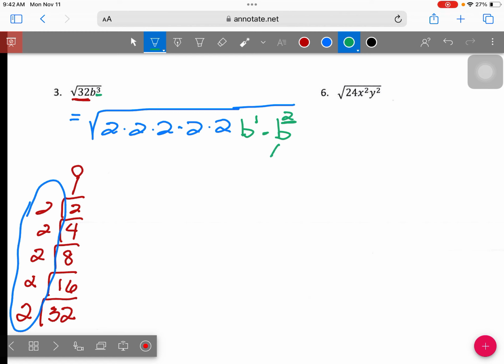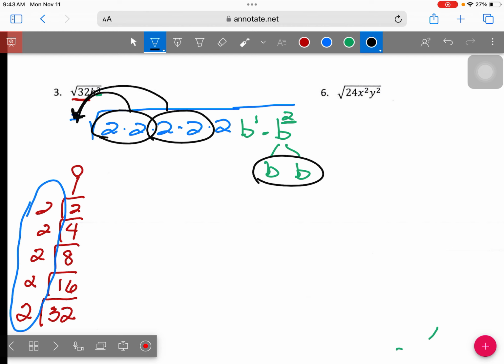Now, this b squared, you can break that down. B squared is the same as b times b, right? So circle your pairs. There's a pair of 2's, pair of 2's, and this b squared is a pair of b's. Pull those out front. So only 1 comes out front.